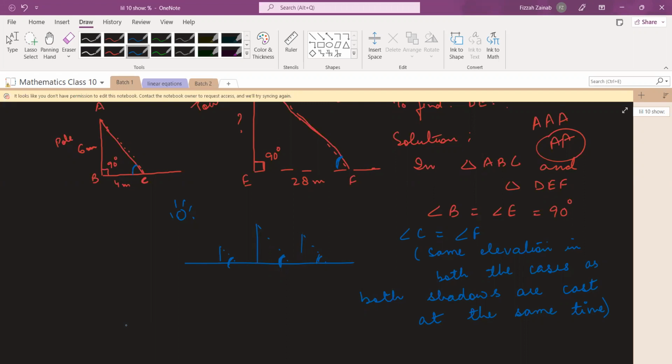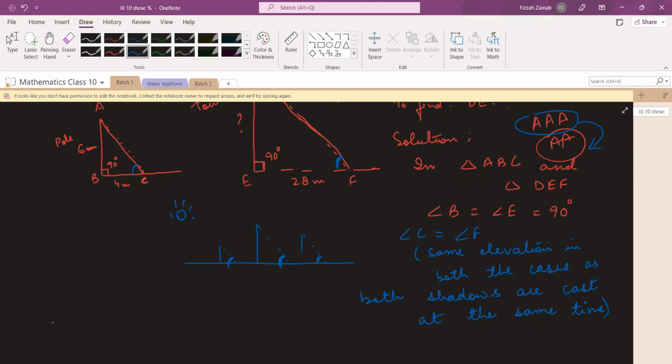Now you can calculate angle A. Geometrically it will come out to be the same, because the sum of the angles will be 180 degrees for both the triangles. So ultimately angle A will be equal to angle D. But that is not required because AAA can be reduced to AA only.